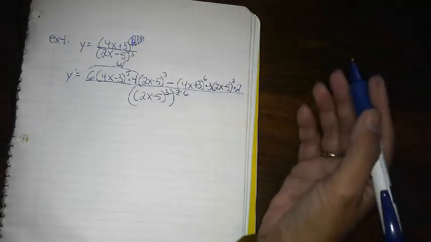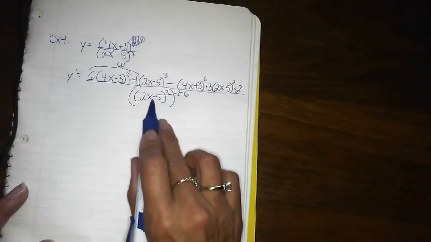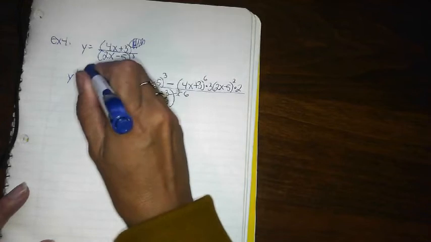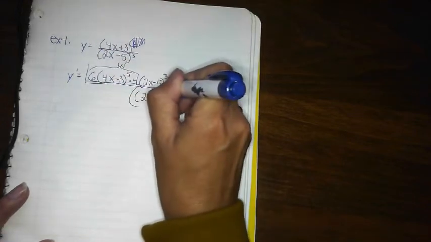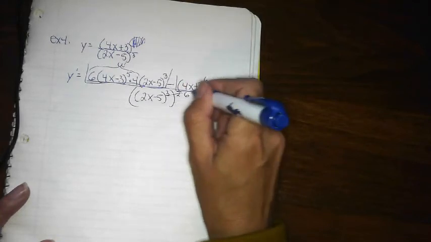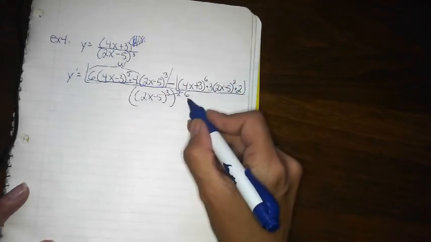So what I want you to do now if you're going to cancel, is look in all three baskets. And the only thing in the denominator are these 2x minus 5s. 2x minus 5, we've got 6 of them. So look in this first basket. First basket has 3. Second basket has 2. Bottom has 6.